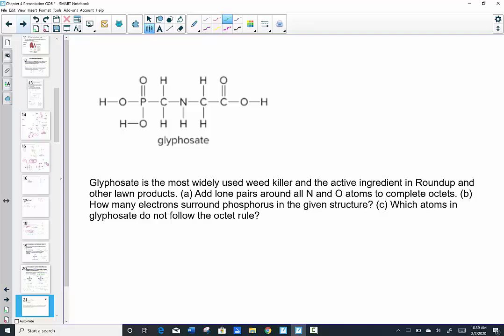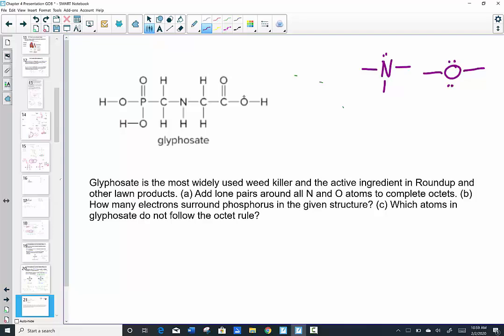Glyphosate is the compound widely used in weed killer and is the active ingredient in Roundup. Add lone pairs to all the nitrogens and oxygens to complete the octet, part A. Okay, so we're good at that. We know nitrogen, who lives in group 5A, wants 1 set of lone electrons and 3 bonds. Oxygen, who lives in group 6A, wants 2 sets of dots, 2 bonds.